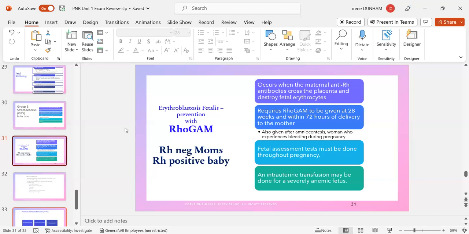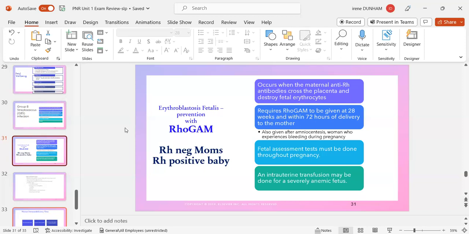So when that happens, mom's antibodies get to eat up baby's erythrocytes. Now, erythrocytes are red blood cells. So these antibodies are eating up all these red blood cells. Okay. And so what happens to baby? Baby gets anemic. Okay. So we want to prevent that.